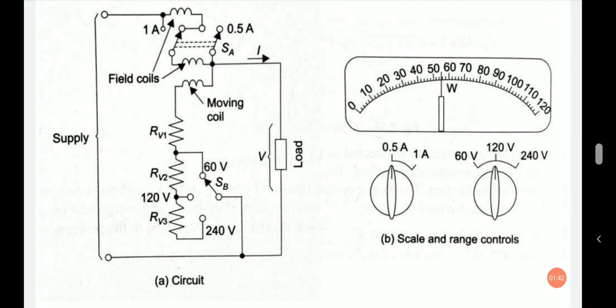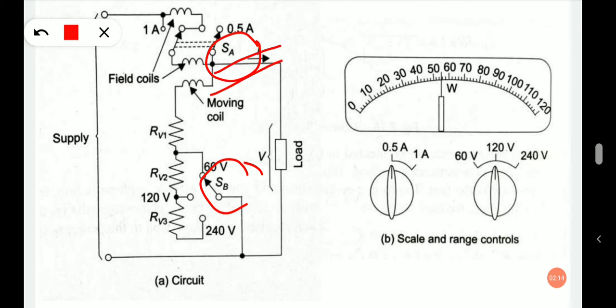When the switch is on the right side, the field coils get connected in series, and when the switch is set on the left side, the field coils get connected in parallel. Here switch SA and switch SB are shown. Switch SB is for selection of voltage range and switch SA is provided to select the current range.